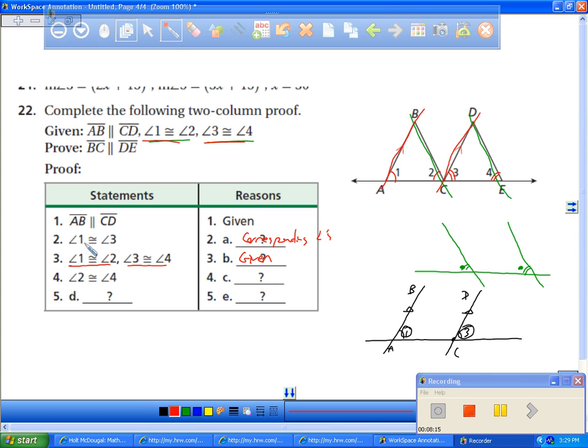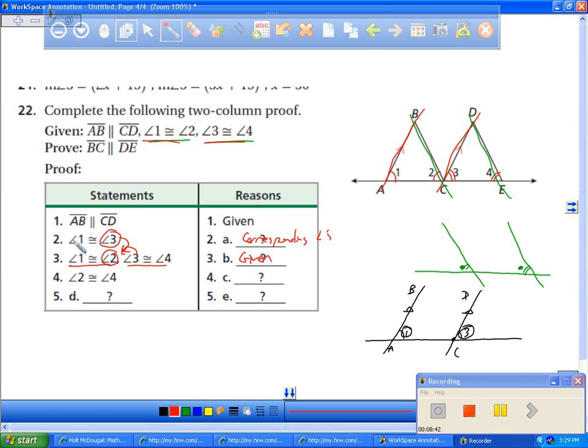Well, I think I just answered it, right? So 1's congruent to 3. 1 is congruent to 2. So that would mean that 3 is congruent to 2. So it looks like a whole bunch of substitution. Or if 1 is 3 and 1 is 2, therefore 3 is 4.